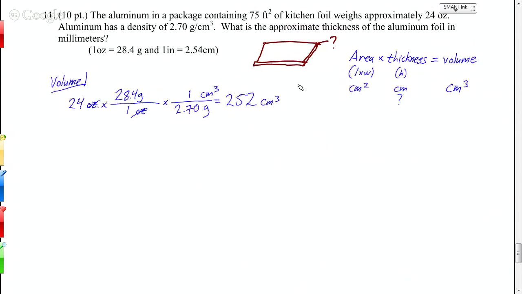This is always a tricky conversion because of the square. Let me show you what I mean by that. So you've got 75 feet squared. If we multiply that by 1 inch over 2.54 centimeters, oh wait, that's inches anyway. So we've got to get from square feet to square inches first, I guess.